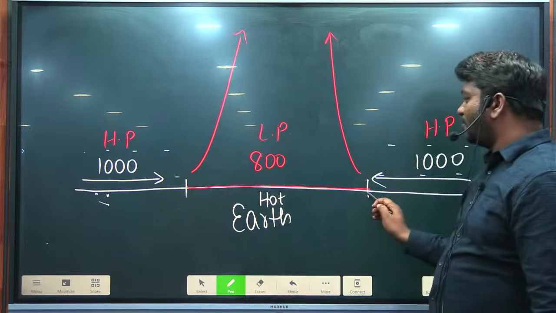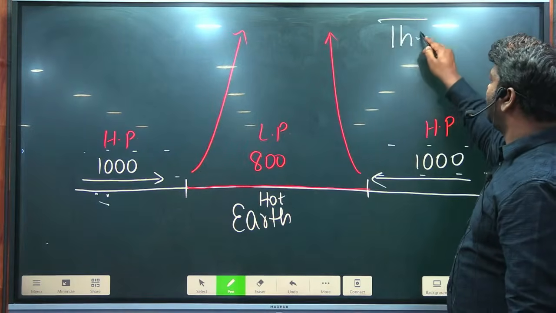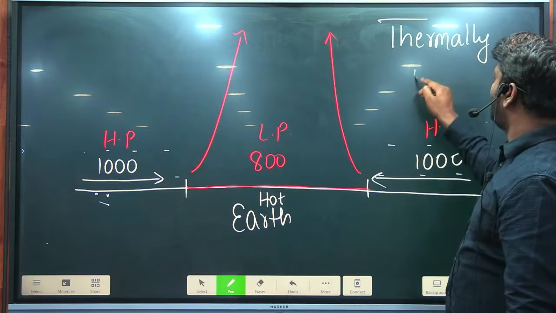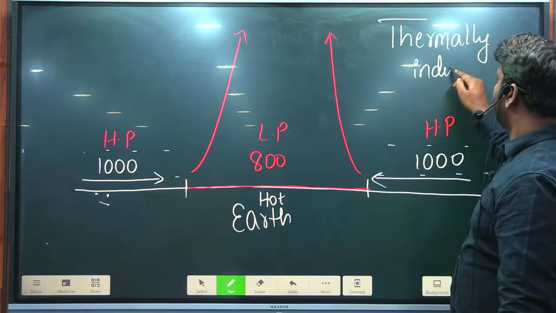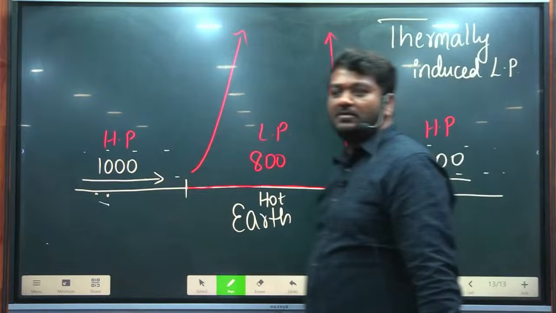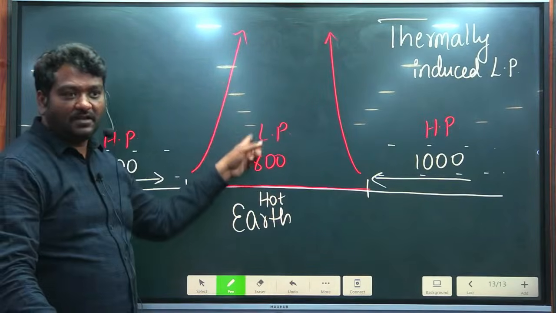As it is formed because of land being hot, this type of low pressure is called thermally induced low pressure.